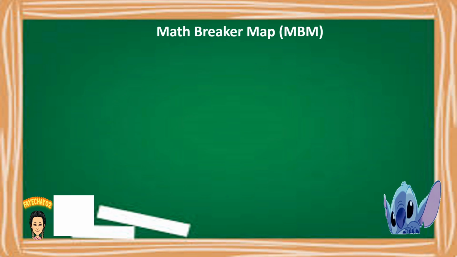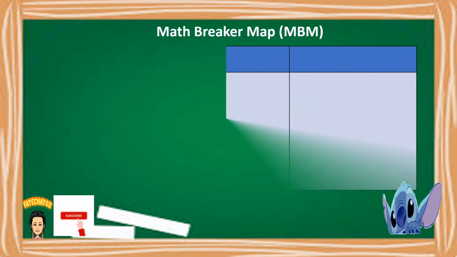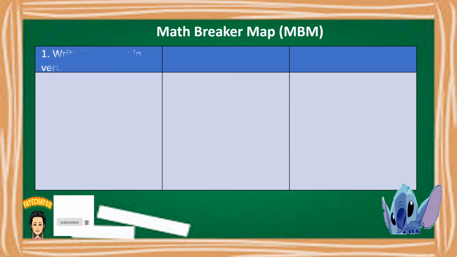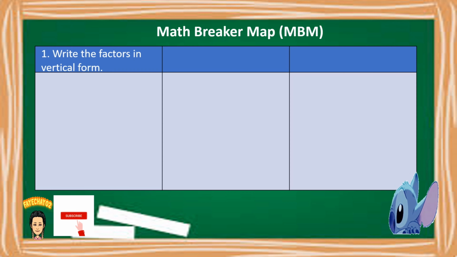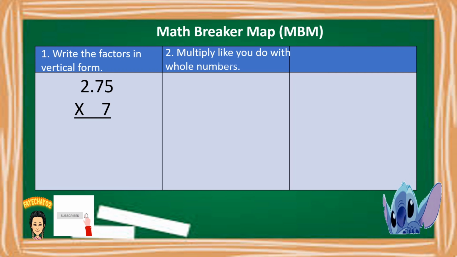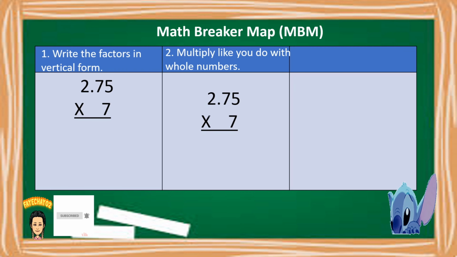In this problem, we will use the math breaker map. Again, we will follow the first step. The first step is write the factors in vertical form. Second step, multiply like you do with whole numbers.